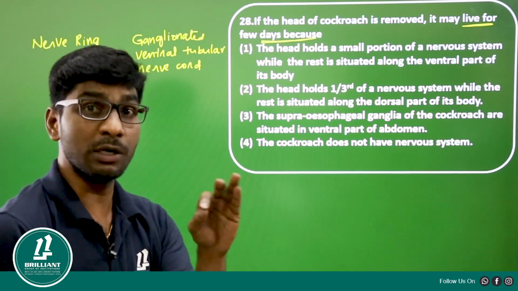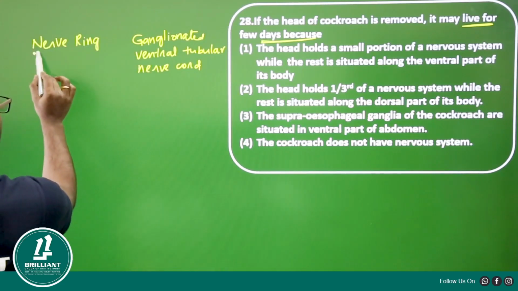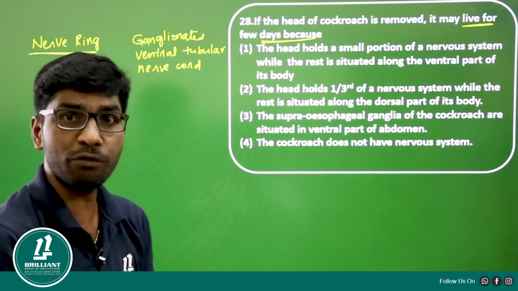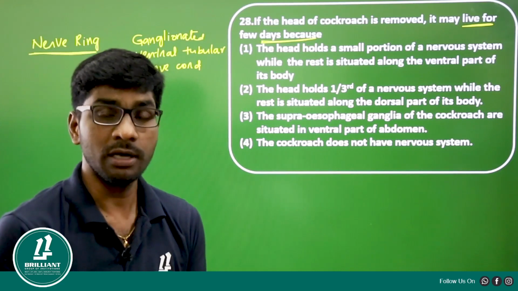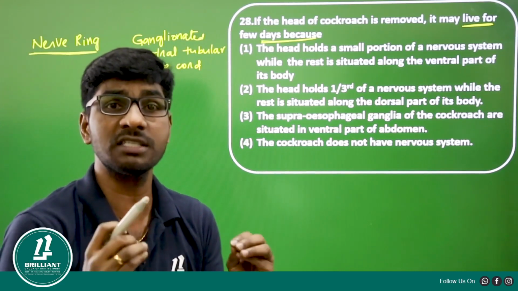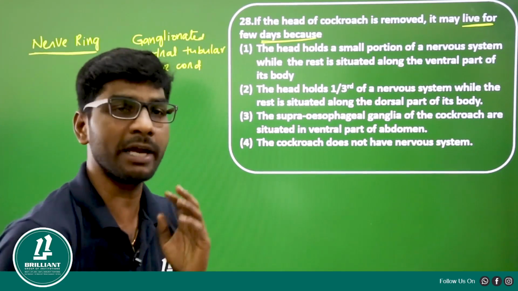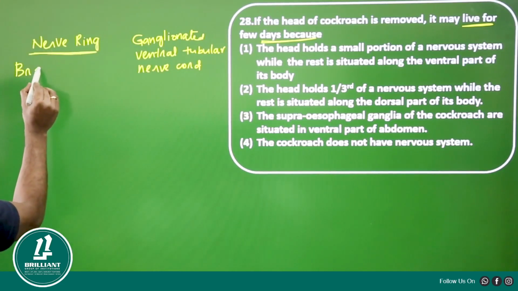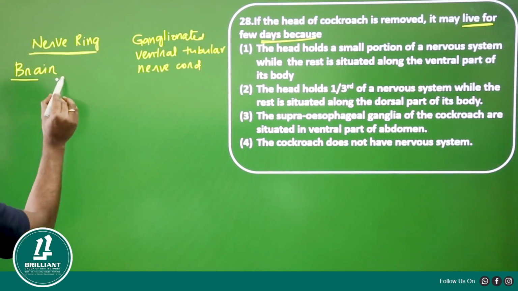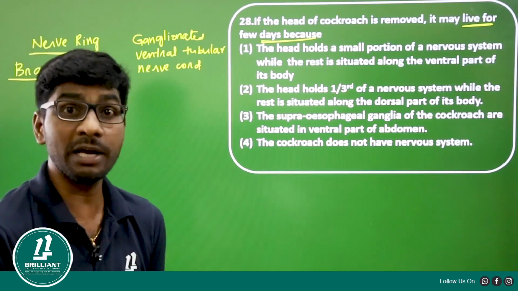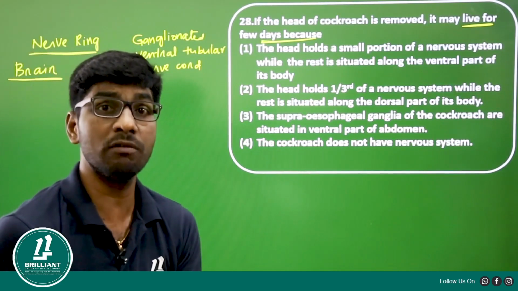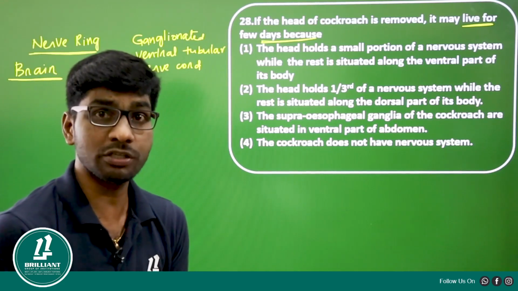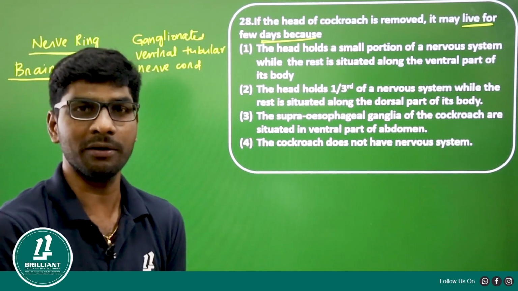If you look at the nerve ring, this is the nerve ring which surrounds the esophagus of cockroach. It has a principal organ called brain. So in the nerve ring, the principal organ is what? Brain. Students, keep in your mind, in cockroach, brain is principally involved in sensory action and also endocrine.